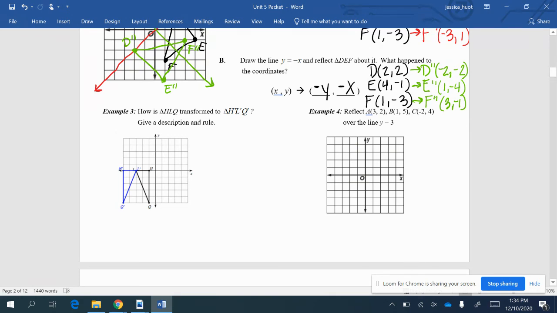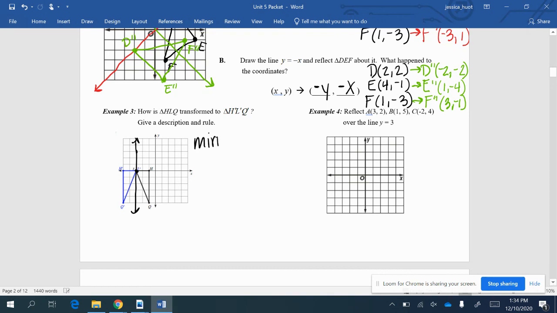So example 3, how is triangle HLQ transformed to triangle H prime L prime Q prime? Give a description and a rule. It is looking right here, L stays the same. If I count, it looks like it's being reflected. It looks like it is a mirror image across this line right here.